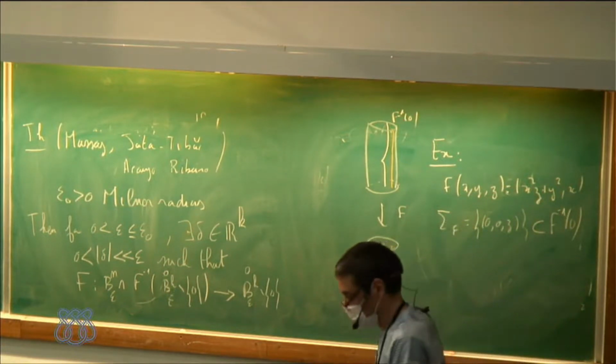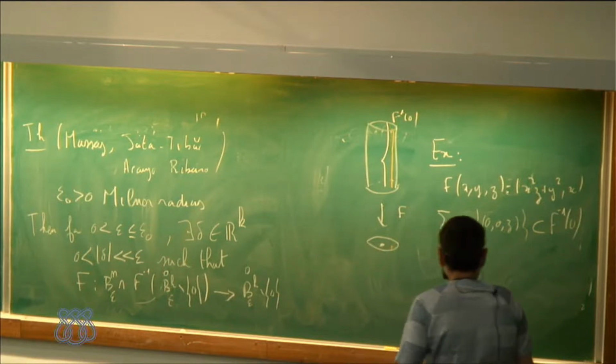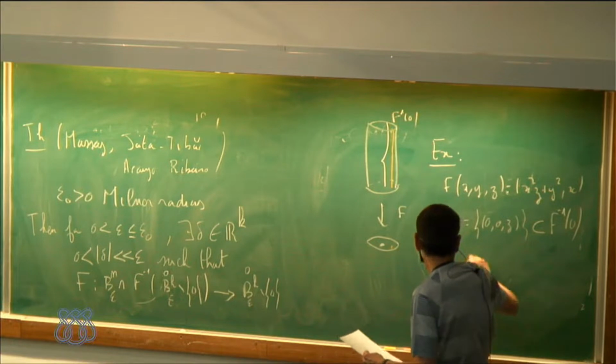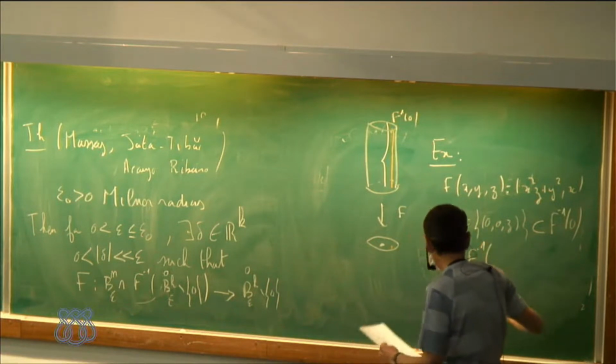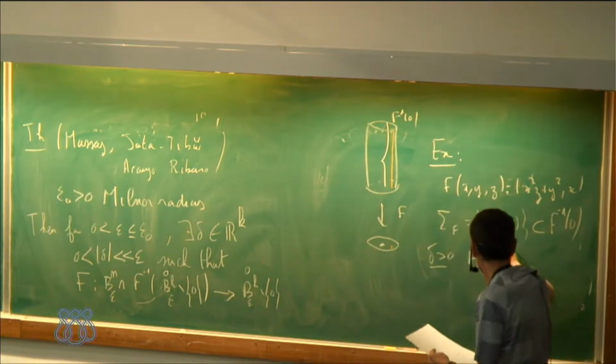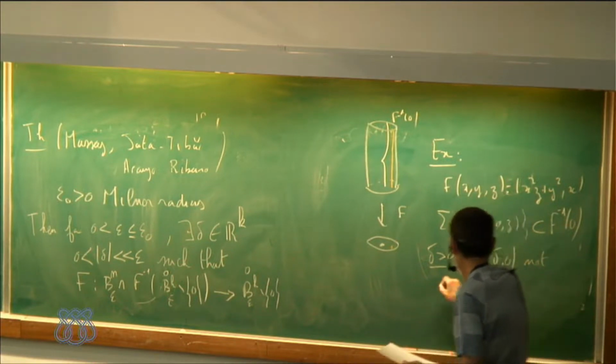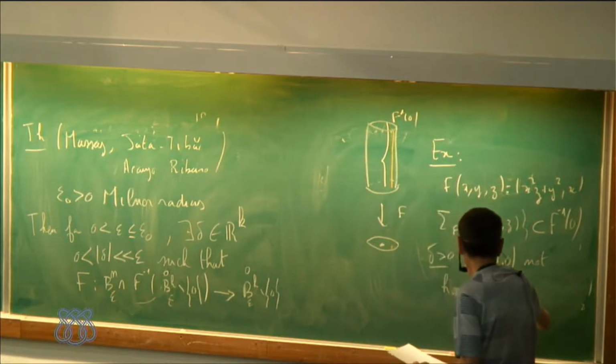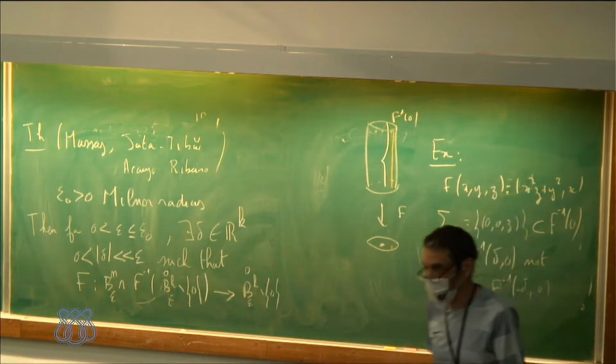But if you take delta positive, then f minus 1 of (delta, 0) is not homeomorphic to f minus 1 of (minus delta, 0), because I think one is empty and the other is not.